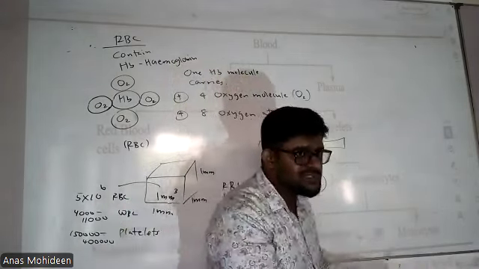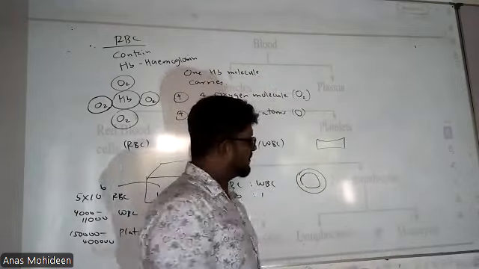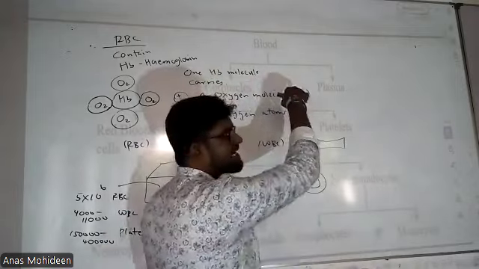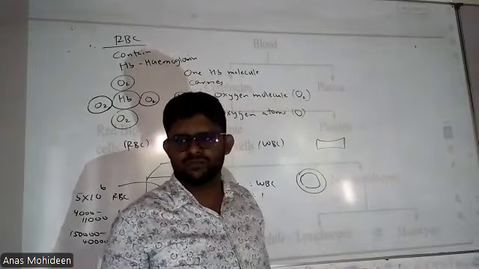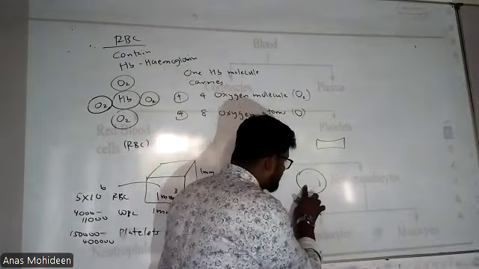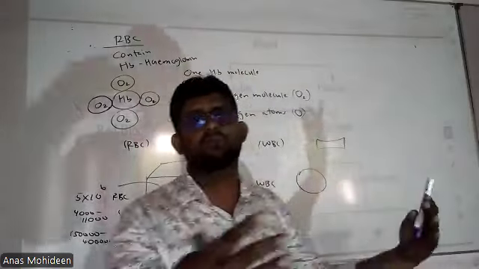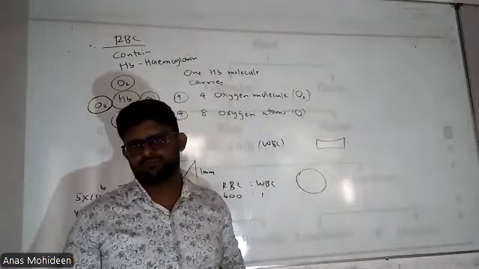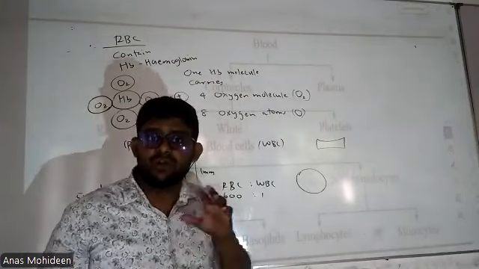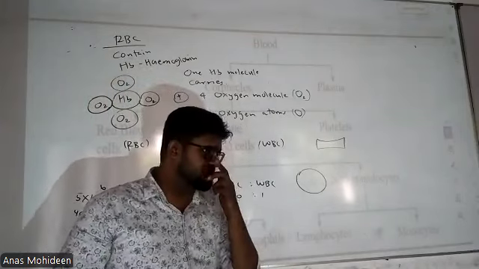If there are no goods, they get the maximum space. That is ideal. So if there is a nucleus, maximum oxygen cannot be transmitted. Since it doesn't have a nucleus, this gives more surface area, more space for oxygen to transfer. So that is the advantage of not having a nucleus in RBC.